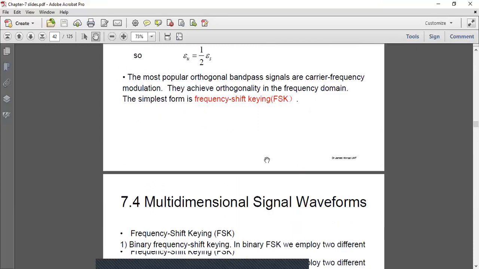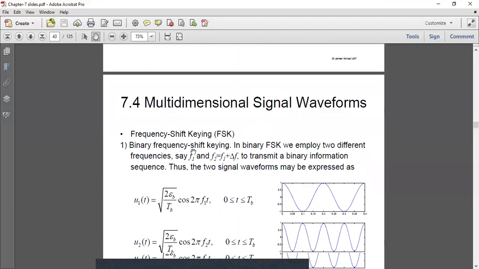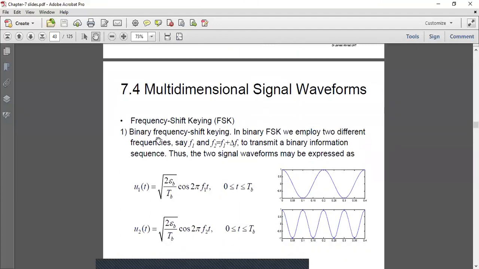So now we will talk about frequency shift keying. It's very simple. In binary frequency shift keying, BFSK, to transmit a binary information sequence, we employ two different frequencies, say F1 and F2, where F2 is F1 plus delta F. Thus, the two signal waveforms are expressed as follows.